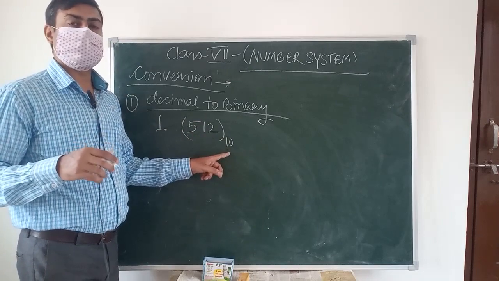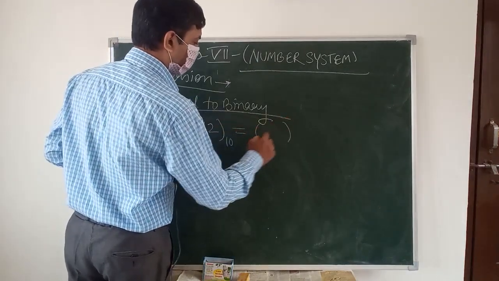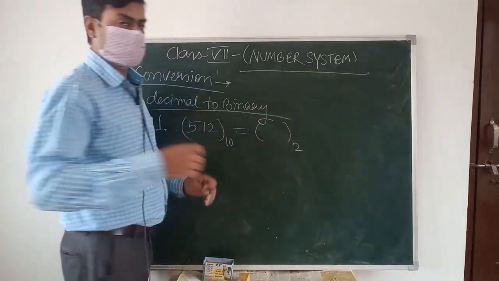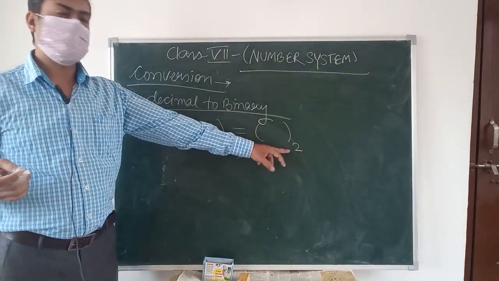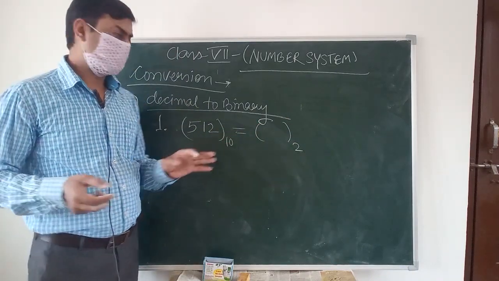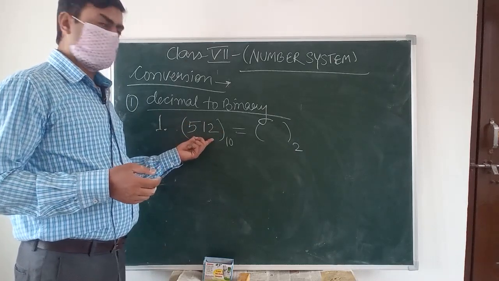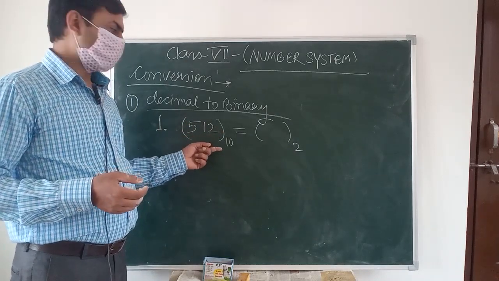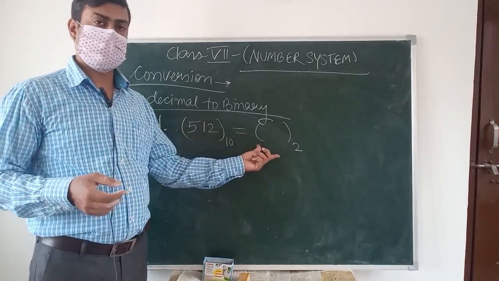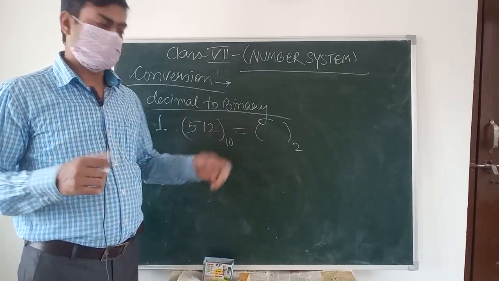Base 10 means this is the decimal number system, and then this is empty, and I want this in binary number system. So this kind of question may come in your exam. You have to understand by seeing this question. This is decimal number system because its base is 10, and this is empty. So I want something whose base is 2, means here I want binary.